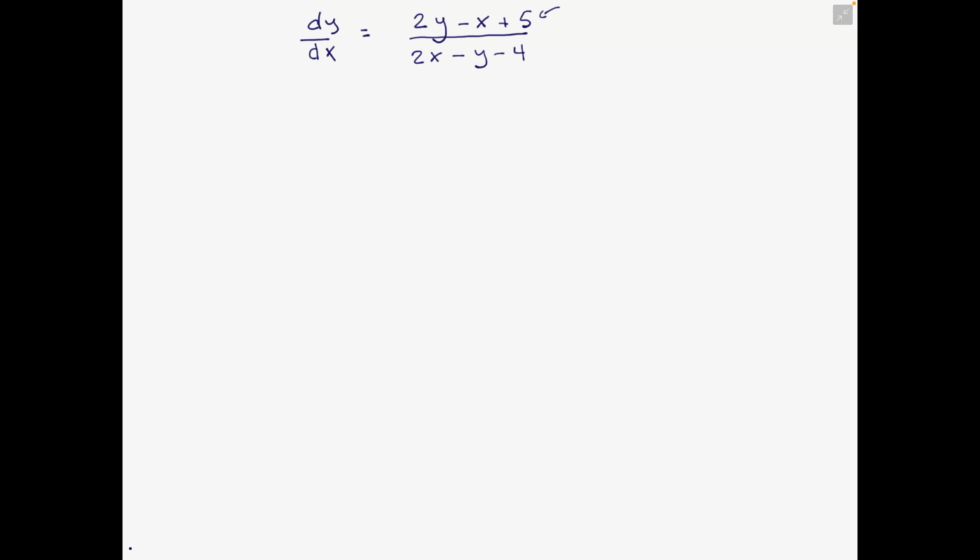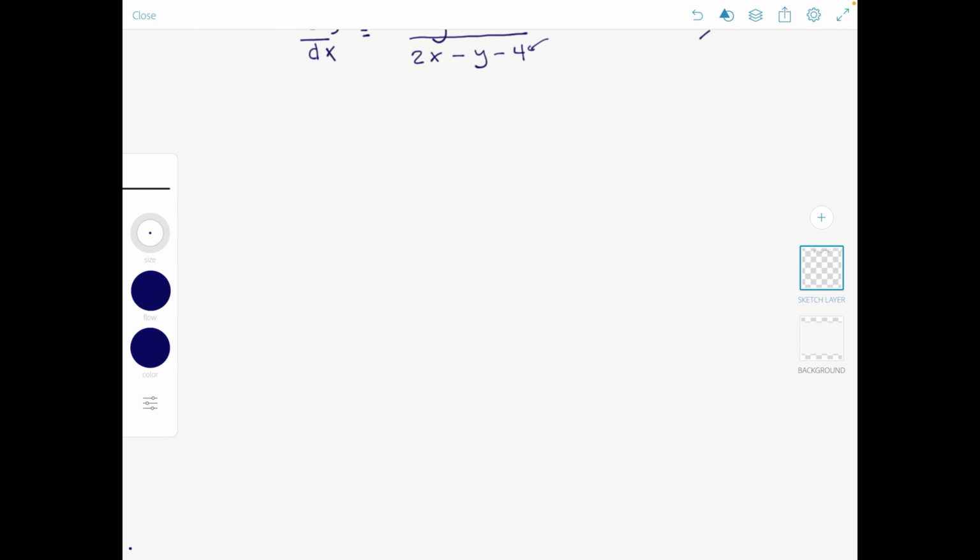Because we have these constants, that makes it problematic, because if I try to factor out a y or divide by y, we're not going to have a y on x. So what do we do in that situation?